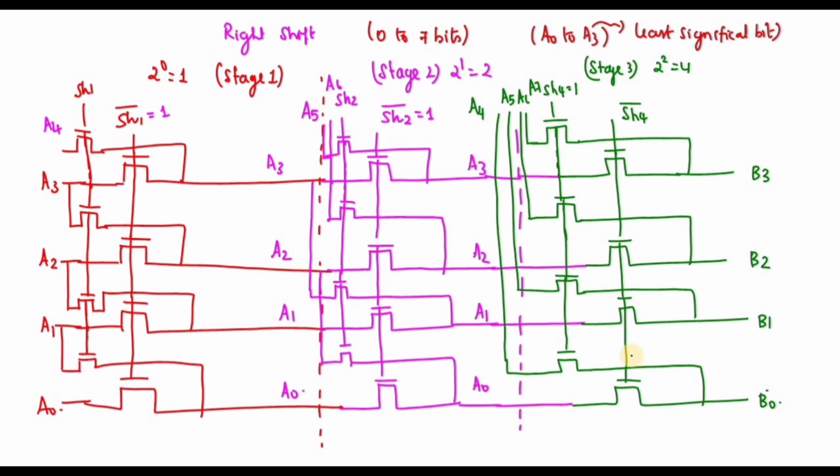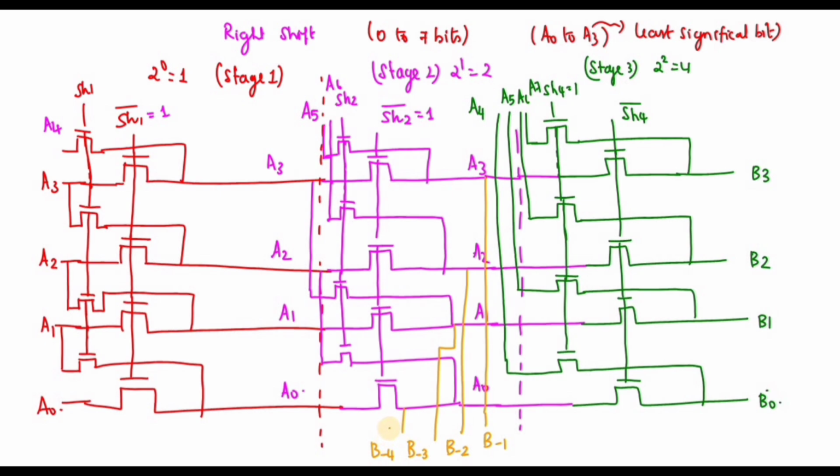Okay, so I'm going to take the output. Since I need B minus 1 value, and this is B minus 2, and this one is nothing but B minus 3. And this is B minus 4.